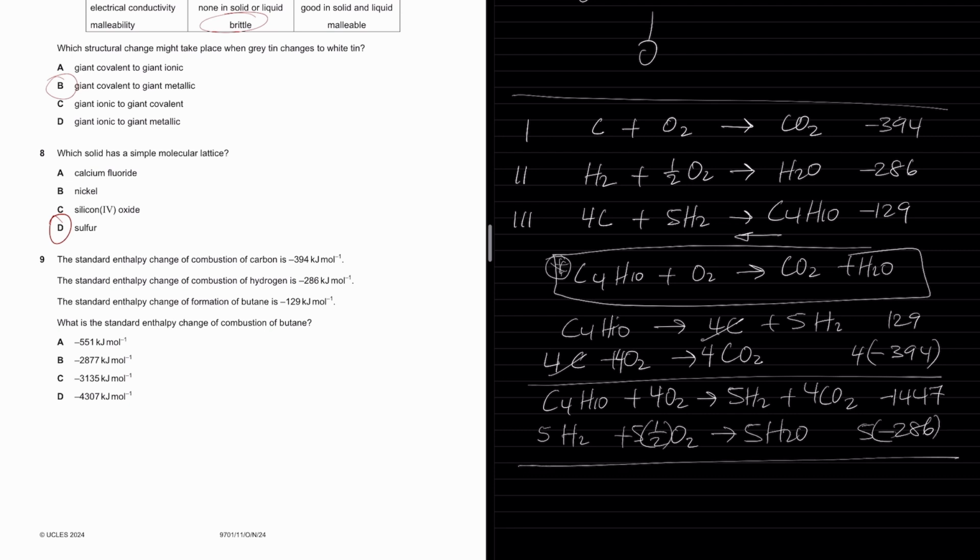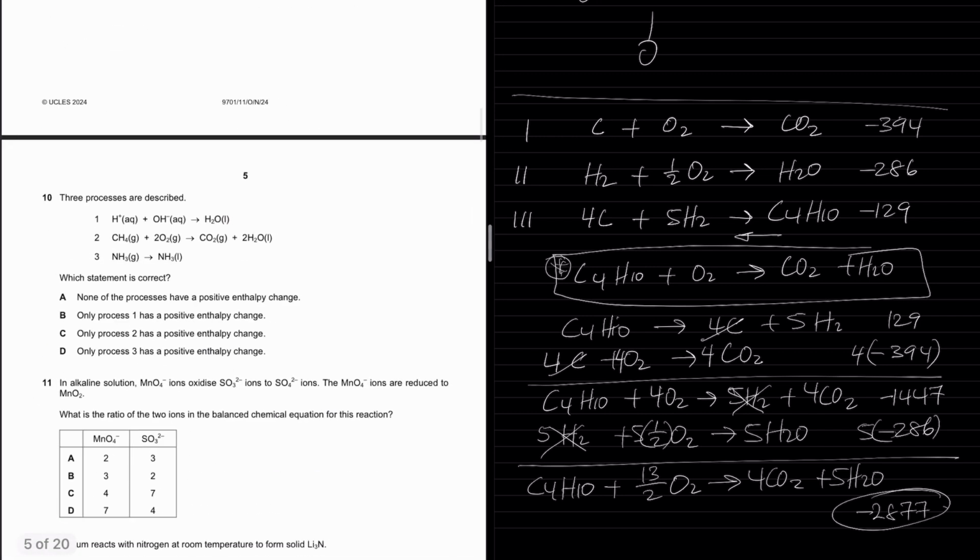Now the H2 will cancel, and I can bring everything down. So I'm going to have C4H10, then 4 plus 5 over 2 is 13 over 2. So 13 over 2 O2 gives me 4 CO2 plus 5 H2O. And if I add up these enthalpies, I'm going to get minus 2877. And you can see that that matches up with B.